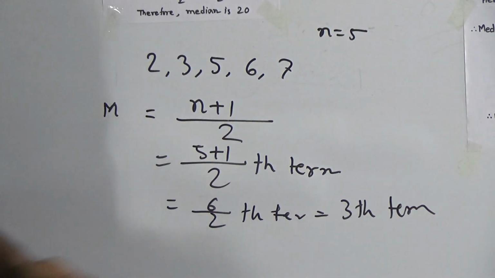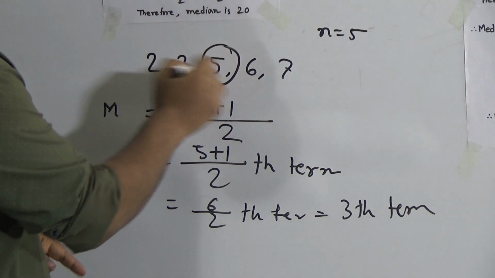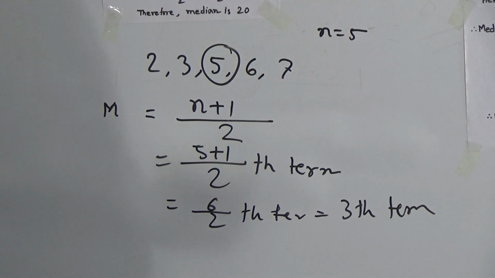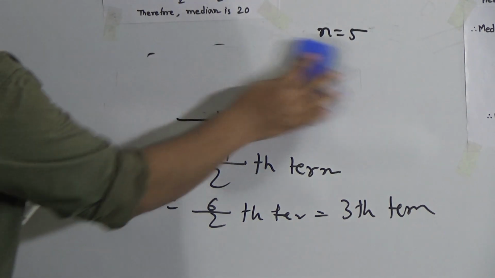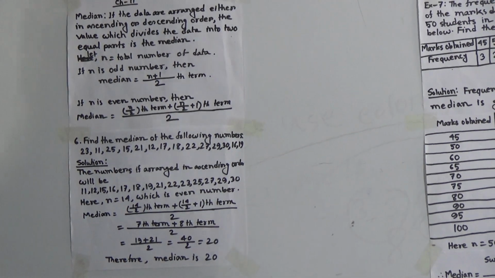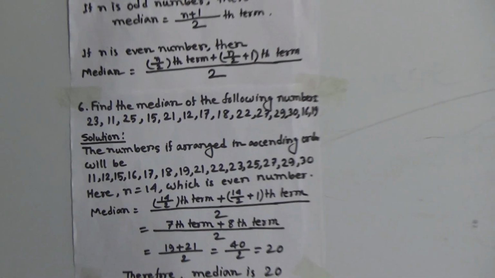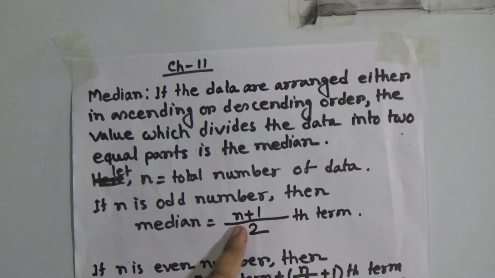Now, which number is the third term? The third term is 5. So this 5 is the median. I hope you have understood the formula. If n is an odd number, the median's formula will be median equals (n plus 1) by 2. So when n is odd, we shall find the median by using this formula.